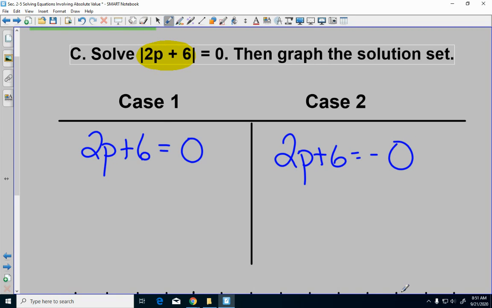That's not real. This answer over here isn't possible. So there's only one solution. Okay? Because you can't have a positive or negative version of nothing. There's only one version of nothing.